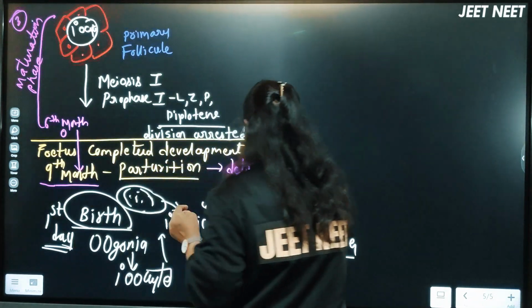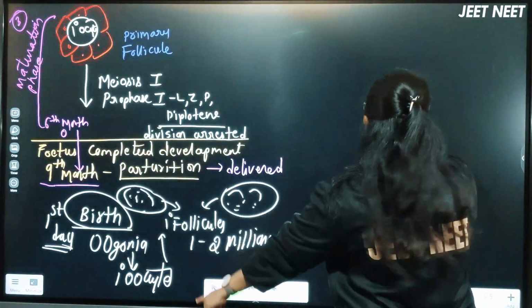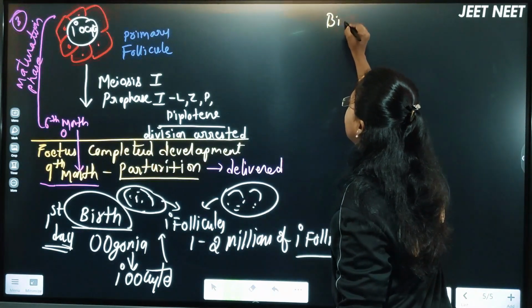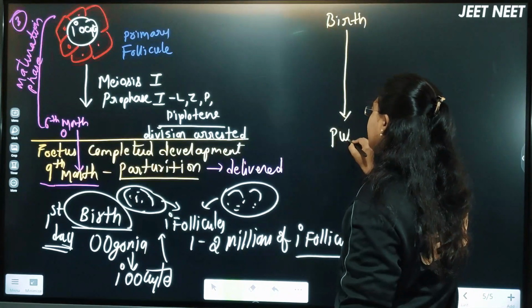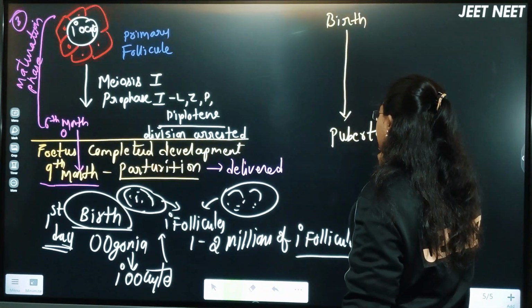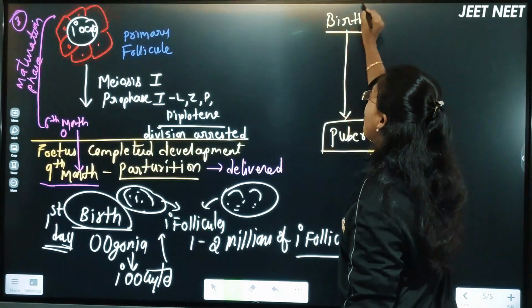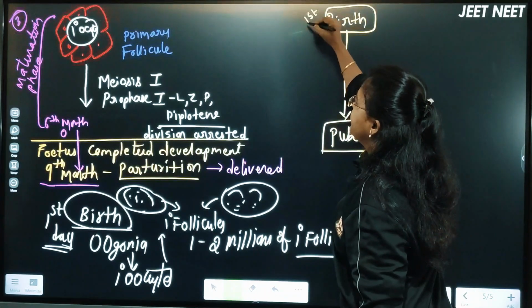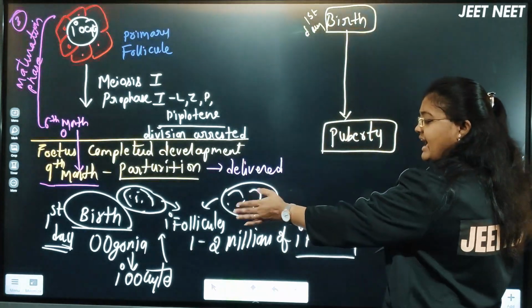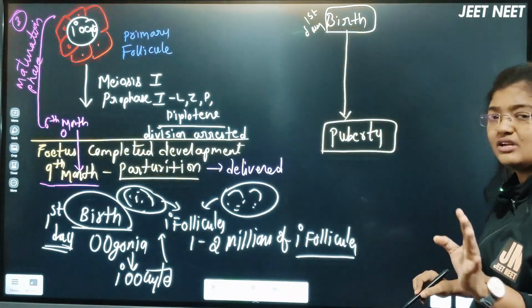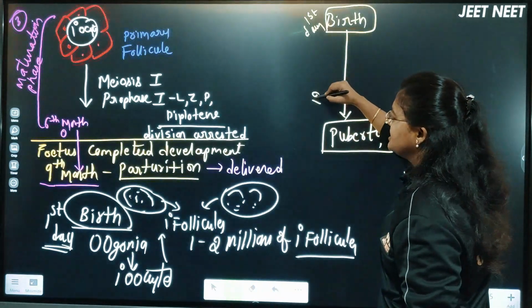These 1 to 2 million follicles remain from her birth until she reaches puberty. But between birth and puberty, how many years will there be?